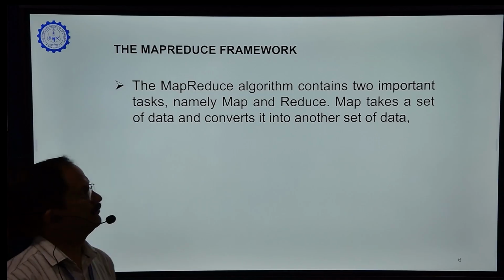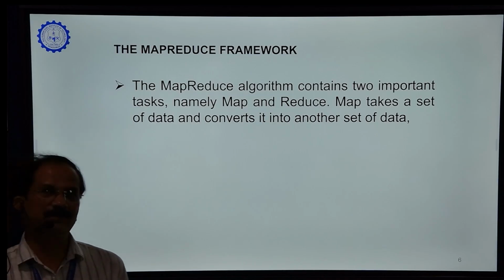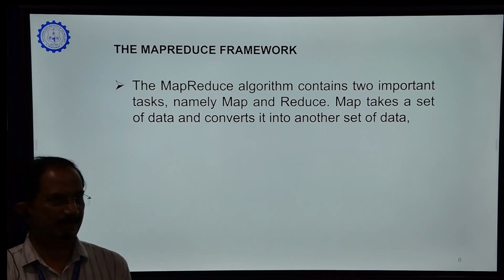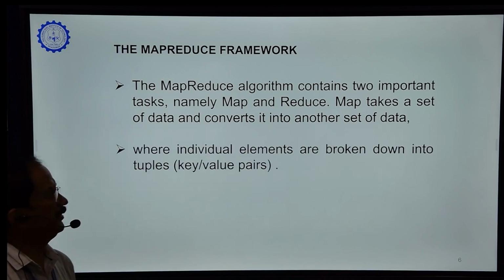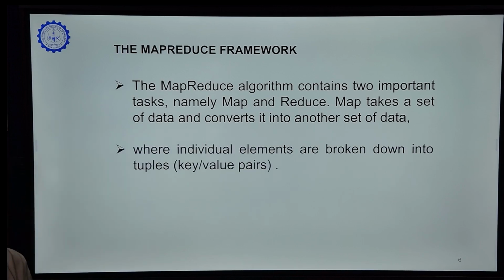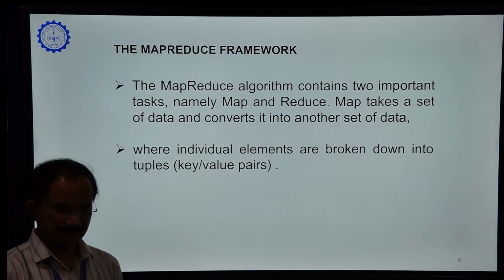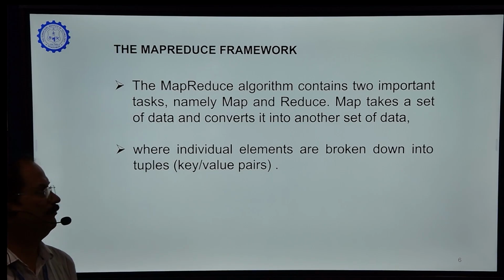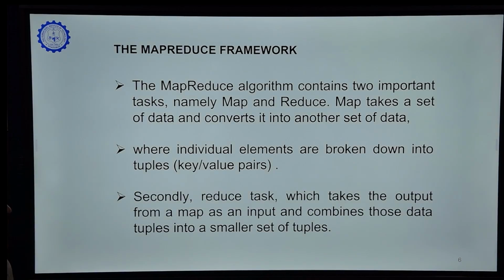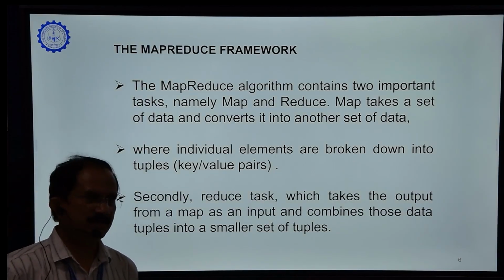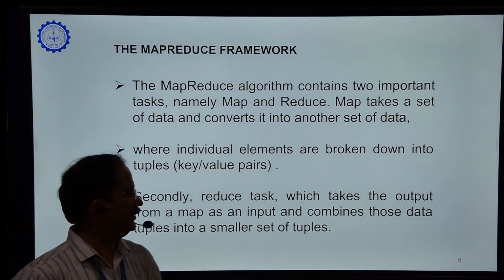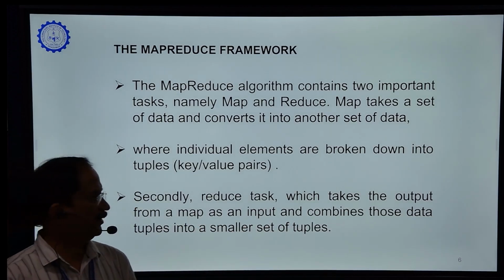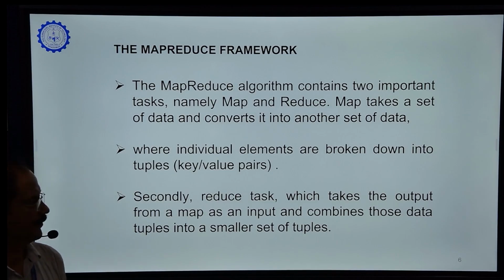The map task converts a set of data into another set of data, where individual elements are broken down into tuples of key-value pairs. We will understand this in detail with the help of an example. Secondly, the reduce task takes the output from the map as input and combines these data tuples into a smaller set of tuples.